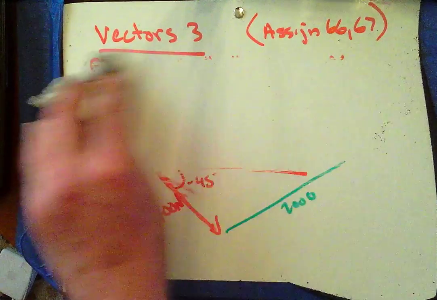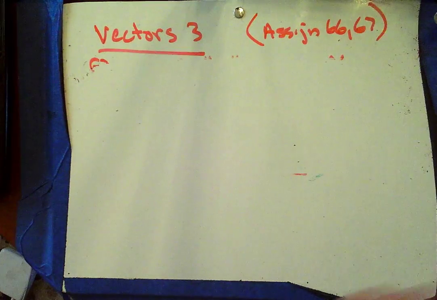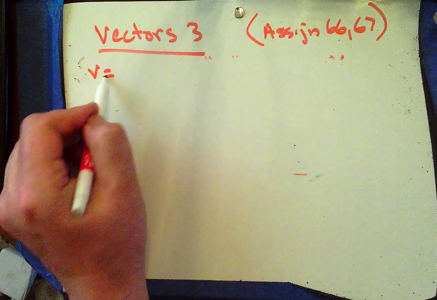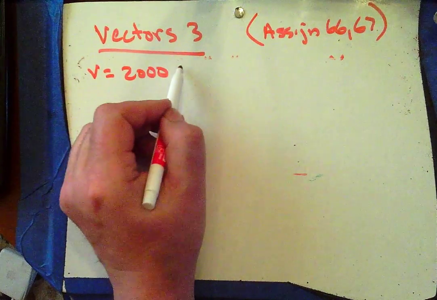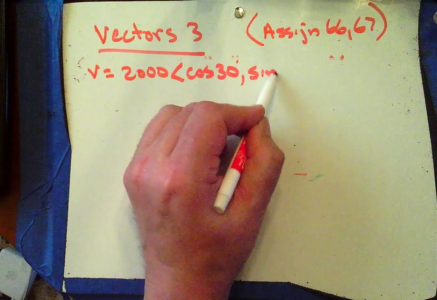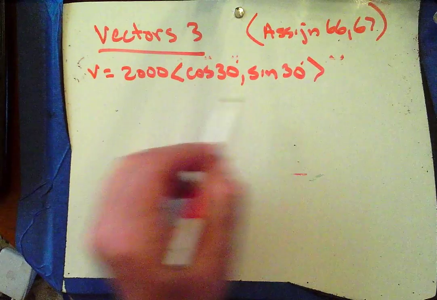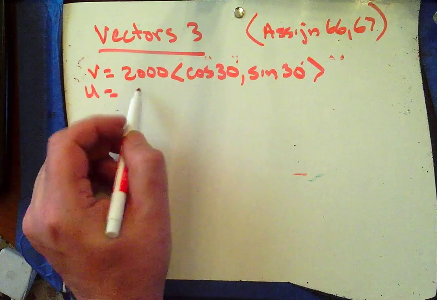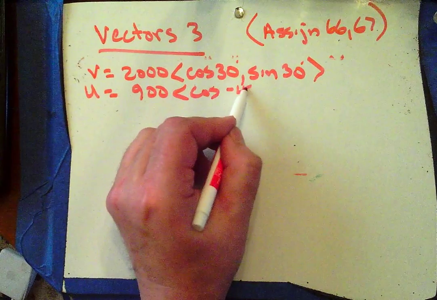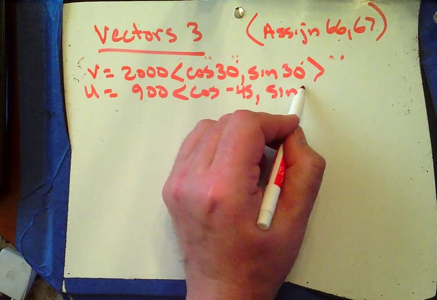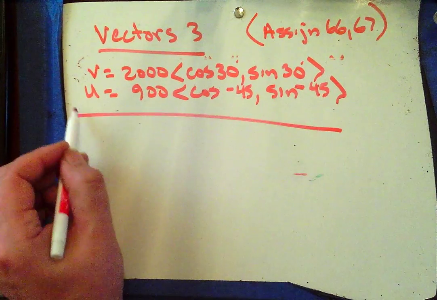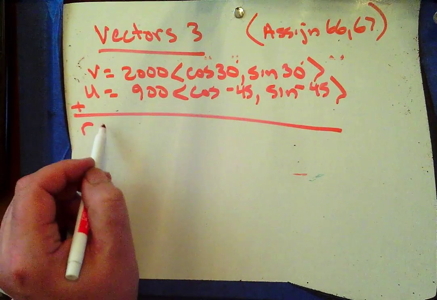So let's go with our normal setup, and that would be that V equals 2,000 cosine 30, sine 30, and U is 900 cosine negative 45, sine negative 45. Okay, and I want to add these together to get our resultant vector.